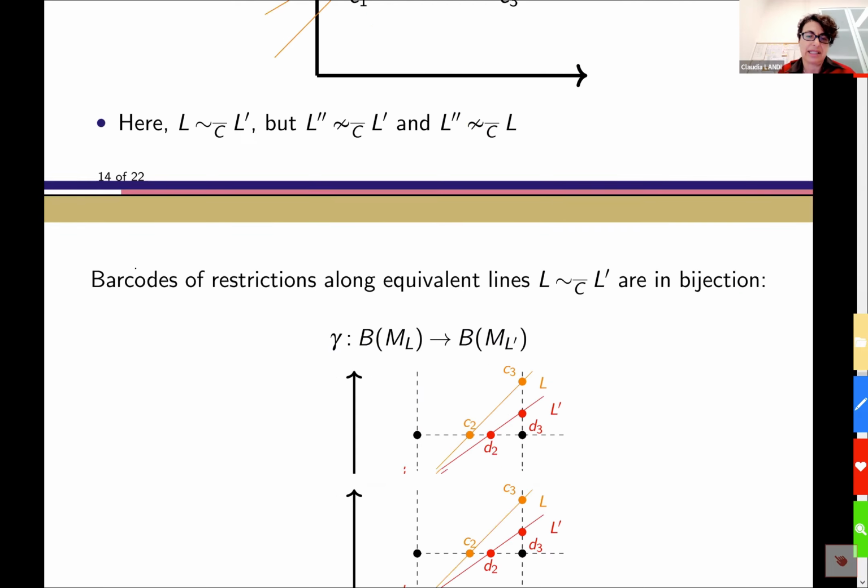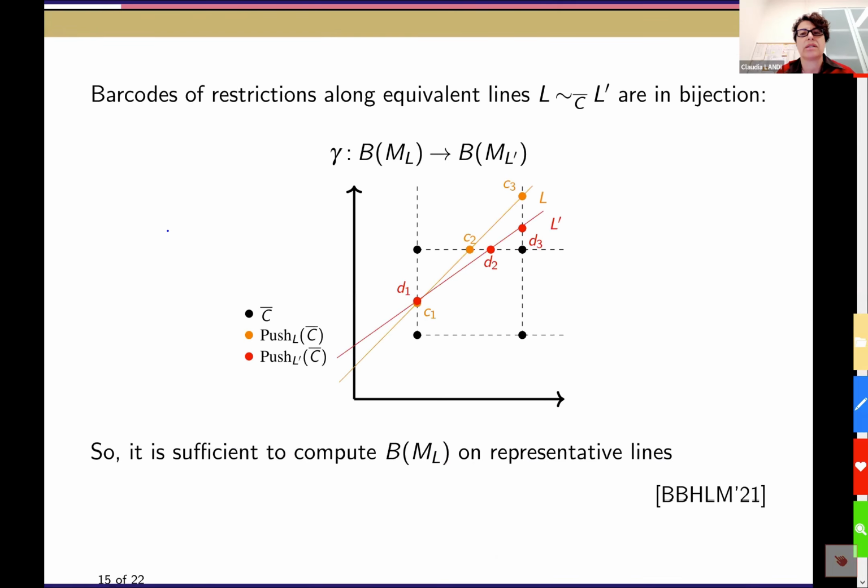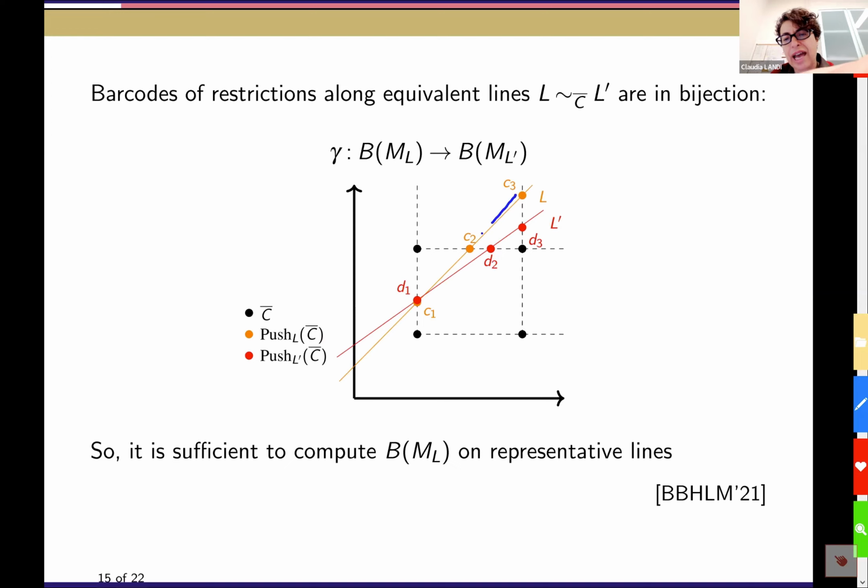This equivalence relation is important because barcodes of restrictions along equivalent lines are in bijection, which means the following. So assume that for L, the fibered barcode has a bar like this one, then without recomputing the barcode, we can infer what is the barcode on L prime simply as follows.